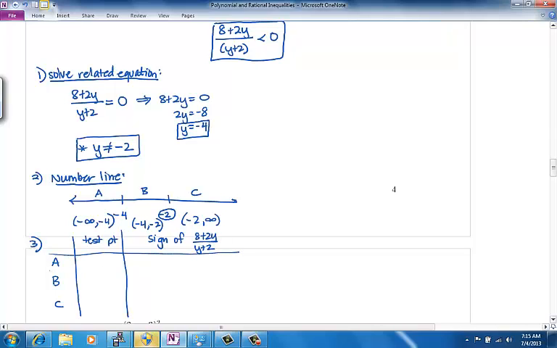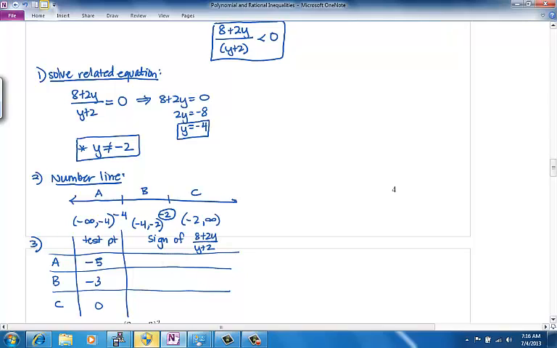If I want to make that 2 times y plus 4, I could do that, but this is fine. Interval A, I'll take maybe negative 5 to be thinking about. Interval B, I'll take negative 3. Interval C, I'll take 0. Anything in the interval you can use in your mind.